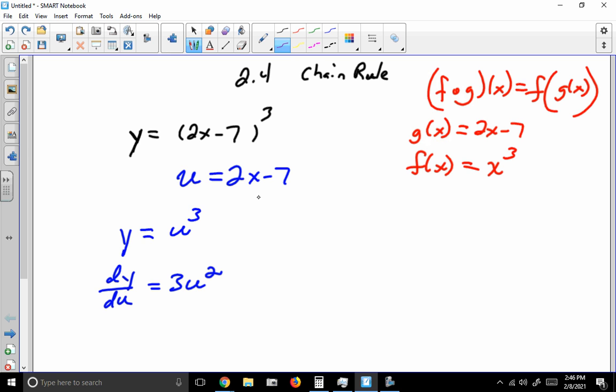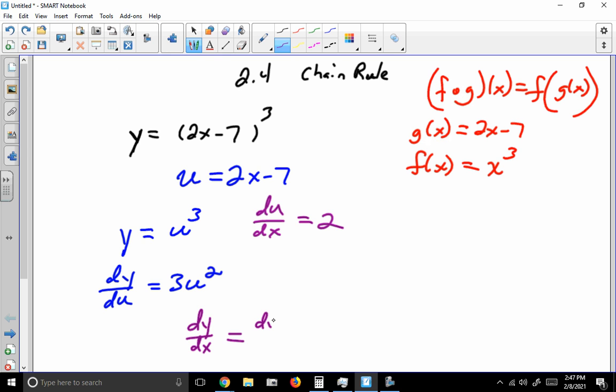Likewise, if we take the derivative of this piece, our independent variable is x, so we could take the derivative with respect to x, but that's not going to be dy dx, that's going to be du dx. And that derivative is 2. So this gave us the dy, but not dx. This gave us the dx, but not dy. We're wanting to find both dy and dx.